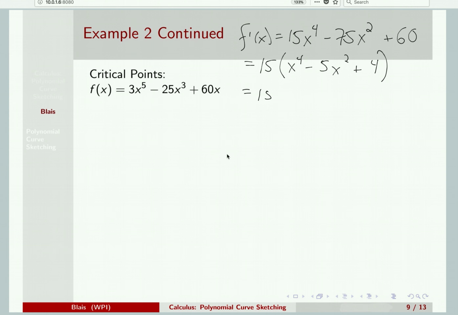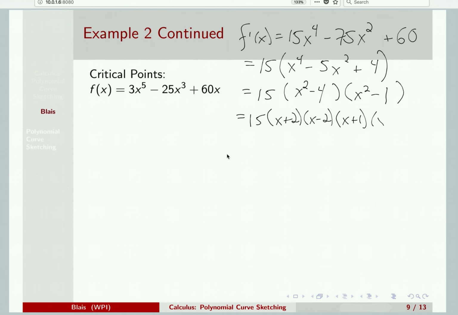This will factor further to 15 times (x squared minus 4) and (x squared minus 1). And those, of course, factor again because of the difference of two squares: (x plus 2)(x minus 2)(x plus 1)(x minus 1).